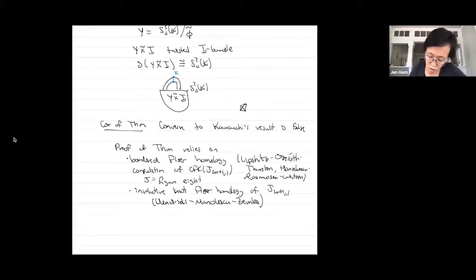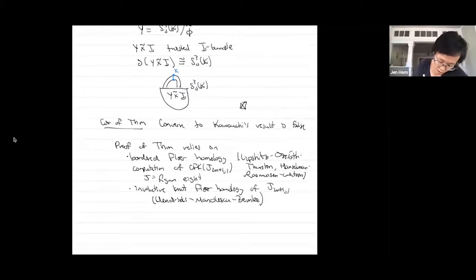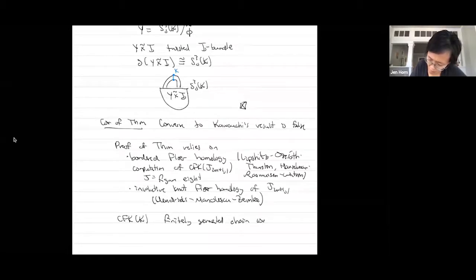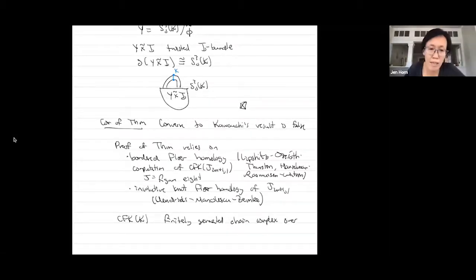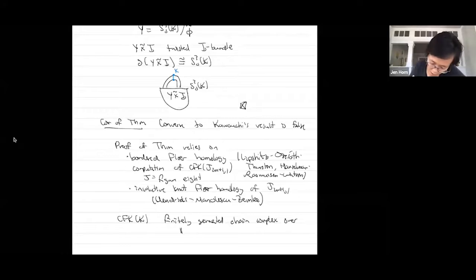So let me remember what I mean when I say CFK. You can think of CFK as a finitely generated chain complex over the ring F adjoin U, V. U and V are two variables.